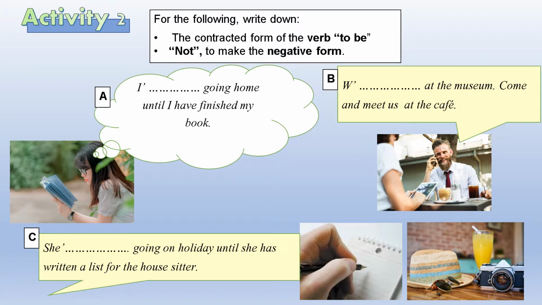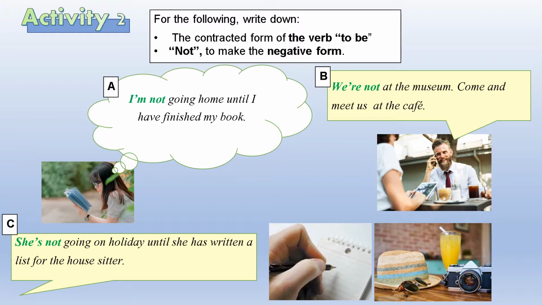The answers: A, I'm not going home until I have finished my book. B, we're not at the museum. Come and meet us at the cafe. C, she's not going on holiday until she has written a list for the house sitter.